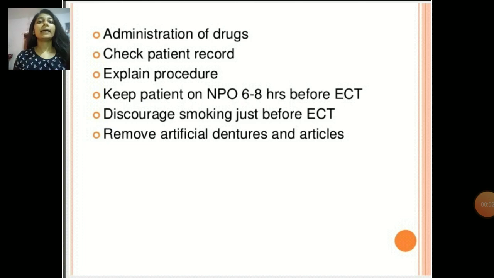Administer drugs like atropine 0.6 mg, check the patient's record, check vital signs, check that bowel and bladder are empty, check the physical movement of the patient, explain the procedure to the patient or the relatives, keep the patient nil by mouth for 6 to 8 hours before ECT, discourage smoking just before ECT, and remove artificial dentures and articles, jewelry, nail polish, or oily hair by shampooing.